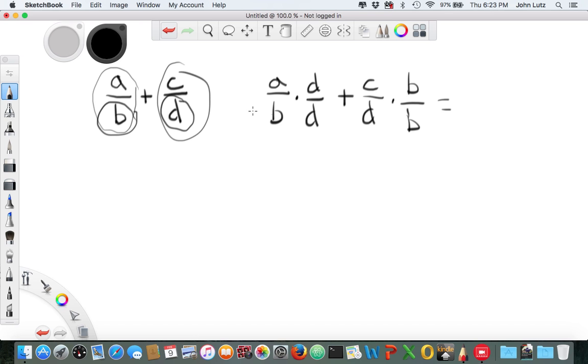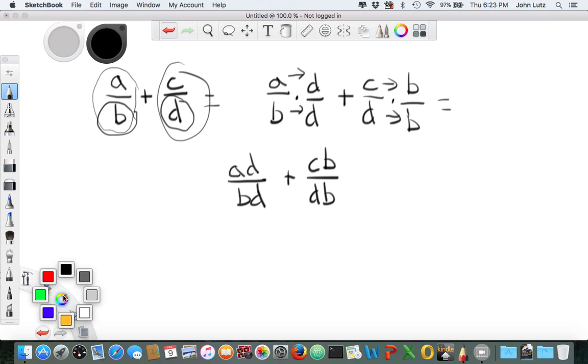So multiplication with fractions is easy peasy lemon squeezy: multiply the top times the top and the bottom times the bottom, right? So you're going to end up with a fraction that is a times d over b times d, plus c times b over d times b, right?